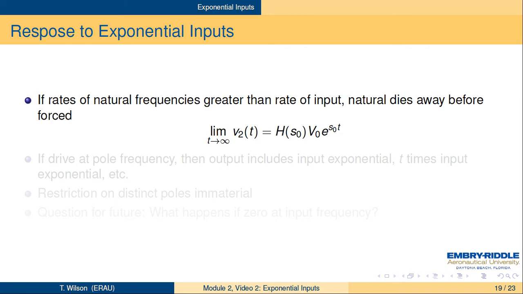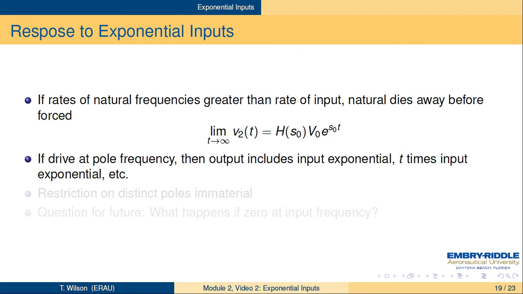And that's going to be the case as long as all your poles are in the left-hand side of the s-plane and you're dealing with step inputs and sinusoidal inputs. In those cases, in the long run, you're going to get a steady state response, either the DC response to the step or the sinusoidal response to the sinusoid. And of course, we're going to look at more of that in more detail later.